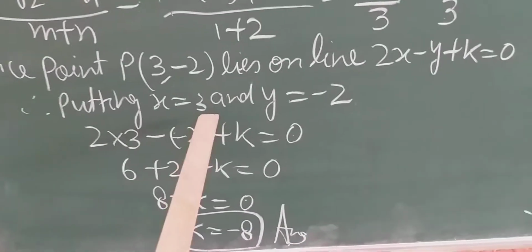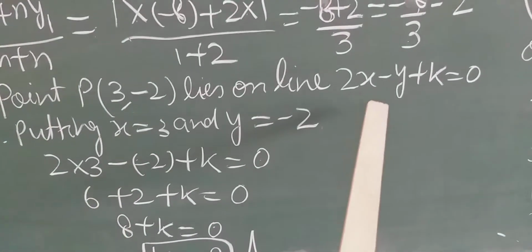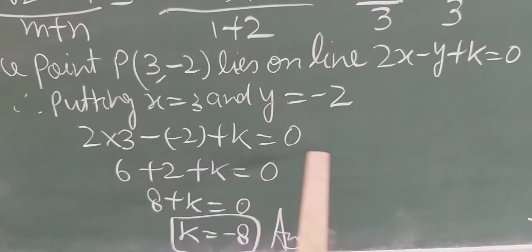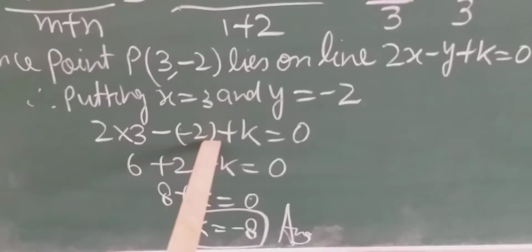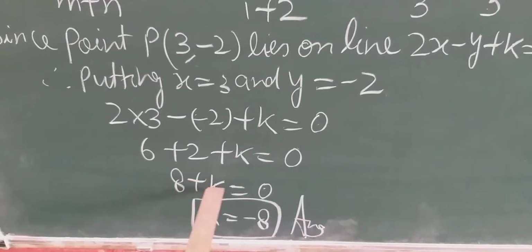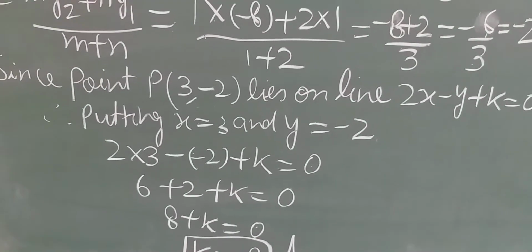So putting x equal to 3, y equals -2. So 2 into 3 minus (-2) plus k equal to 0. So 6 plus 2 plus k equals 0. 8 plus k equal to 0. Then k equals -8.